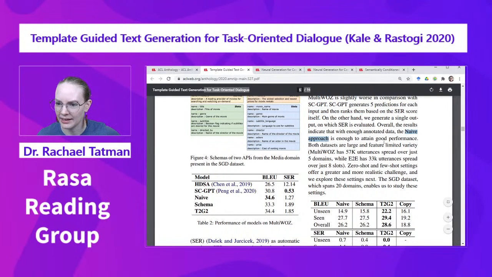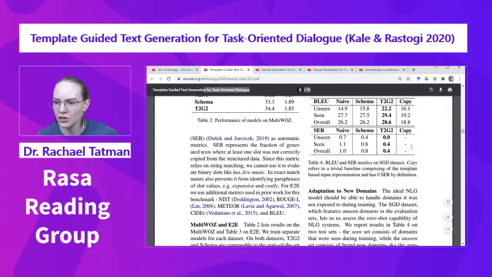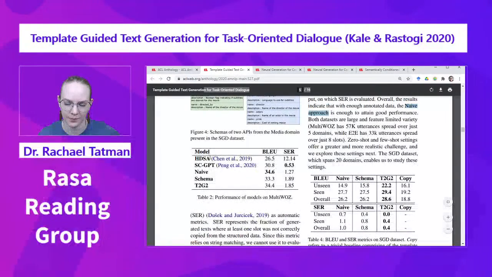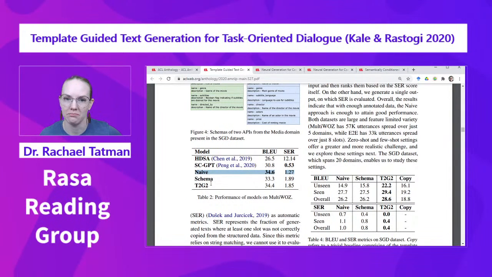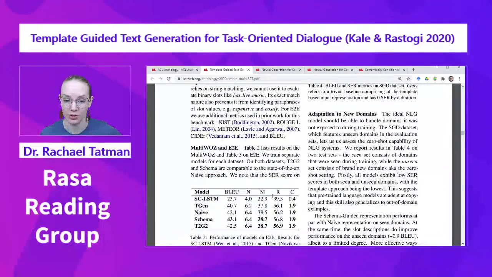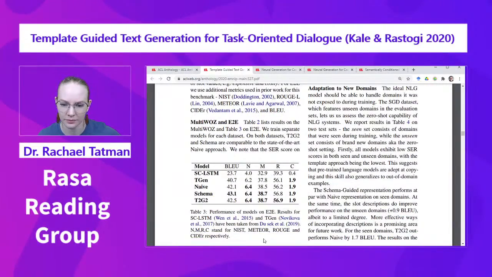So what they're saying is you can do okay. So this one is MultiWOZ, just using the naive approach, which is to take the slot names and generate templates from those slot names. And it works pretty good.